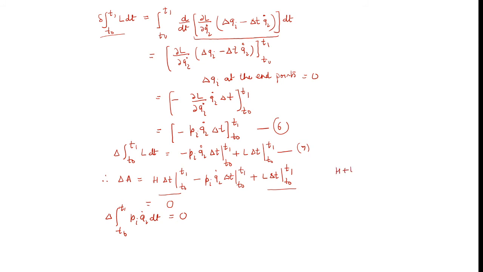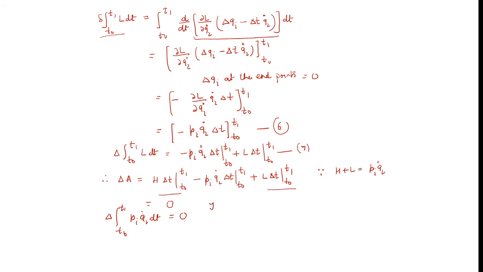What is H plus L? This is equal to pi qi dot. So this will be 0. So this is the principle of least action, that along the actual path this delta variation is to be 0.